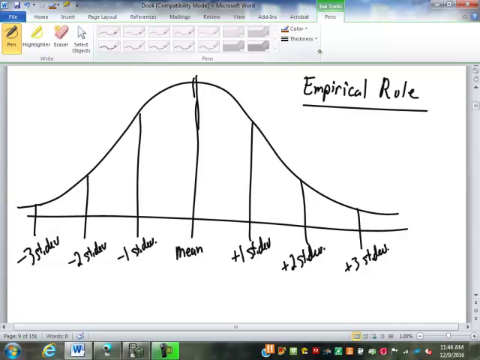These percentages are always the same as long as the data is normally distributed. Between the mean and 1 standard deviation on either side, there's 34% of the data. Between 1 standard deviation and 2 standard deviations on either side is 13.5%.